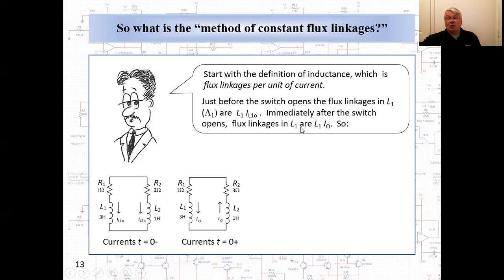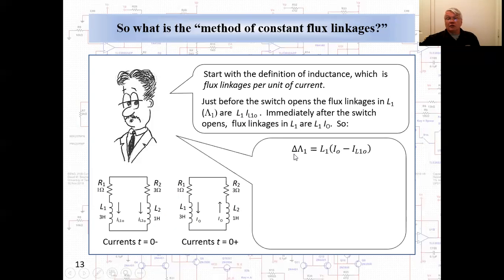Immediately after the switch opens, the flux linkages in L1 are L1 times the initial value of the circulating current. So the change in the flux linkages is L1 times the difference between the initial value of the circulating current and the initial current just before the switch opened.